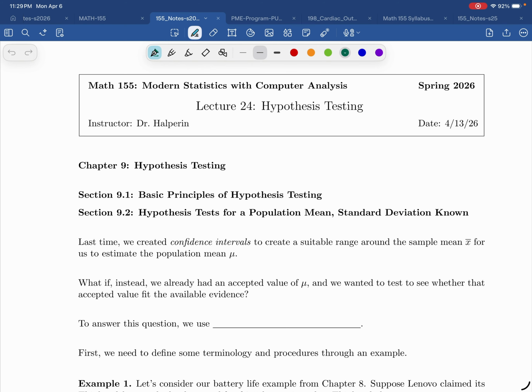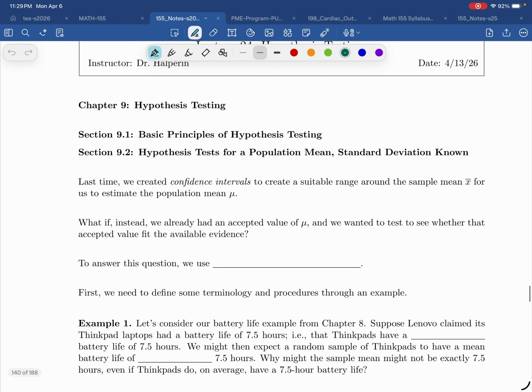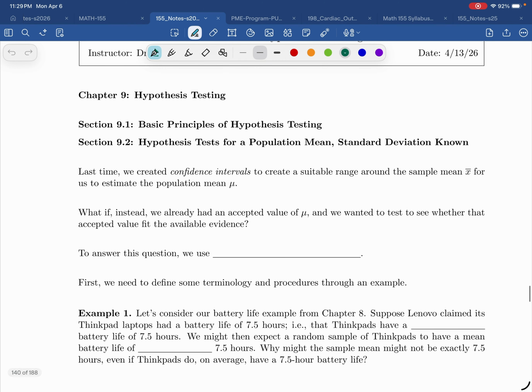Now, remember, for the last few weeks, we've been working on confidence intervals, this technique or skill we learned to come up with a range of reasonable estimates for a population mean based on a point estimate or sample mean from a population. We're going to do something somewhat analogous, but we're going to phrase it differently.